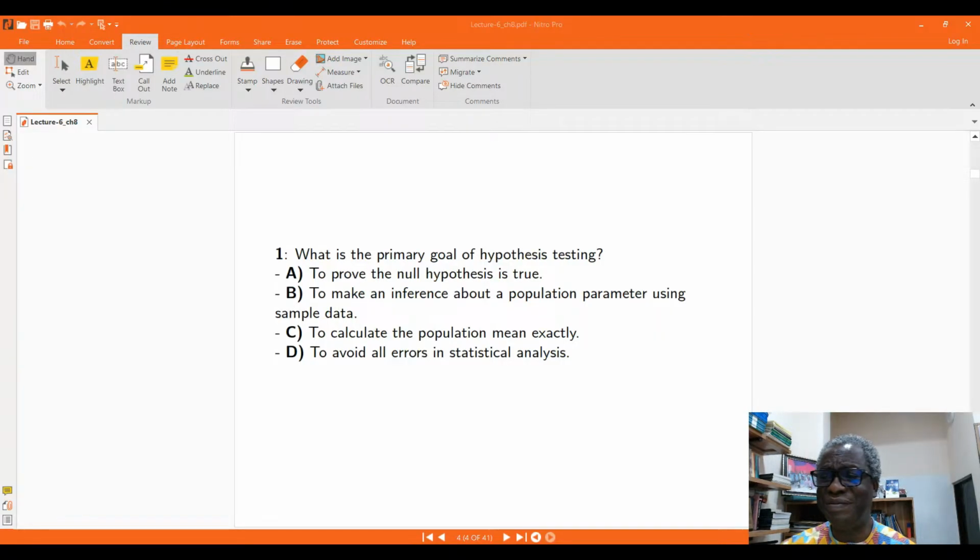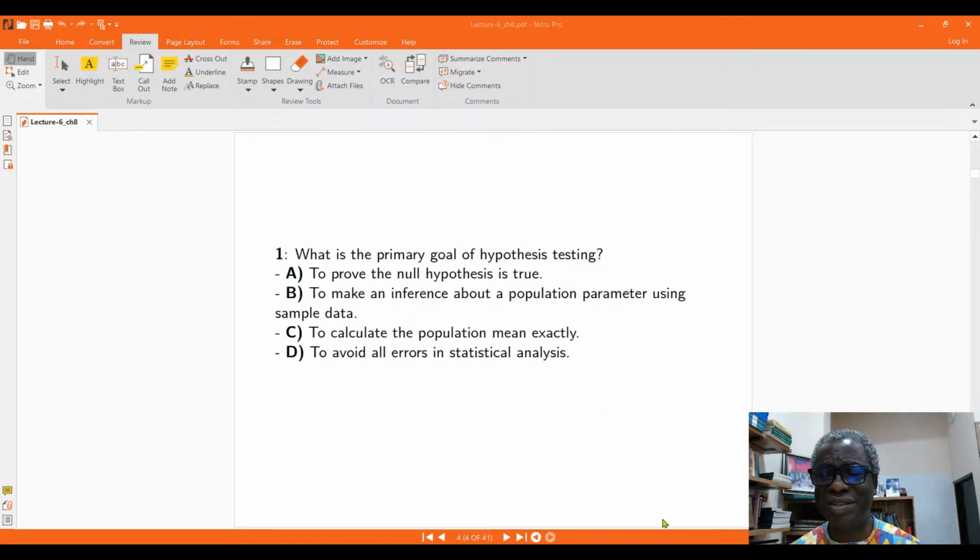I believe if you have been going through the lectures and the course textbook, you shouldn't be finding this question to be difficult.